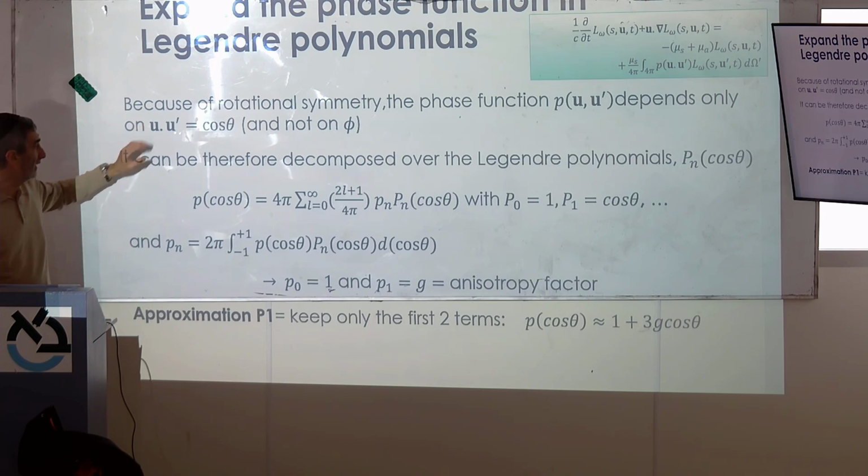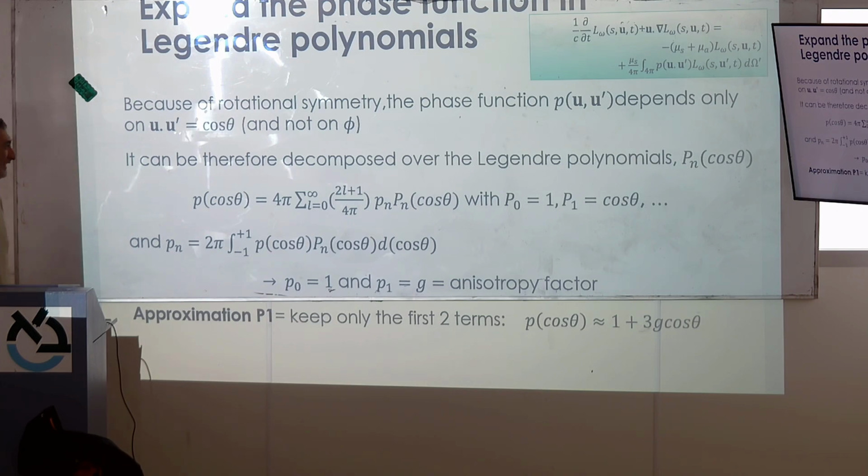If this is the case, then we can show that the phase function can be decomposed over the Legendre polynomials Pn of cos theta. Are you familiar with the Legendre polynomials? Yes, really? Okay, cool.